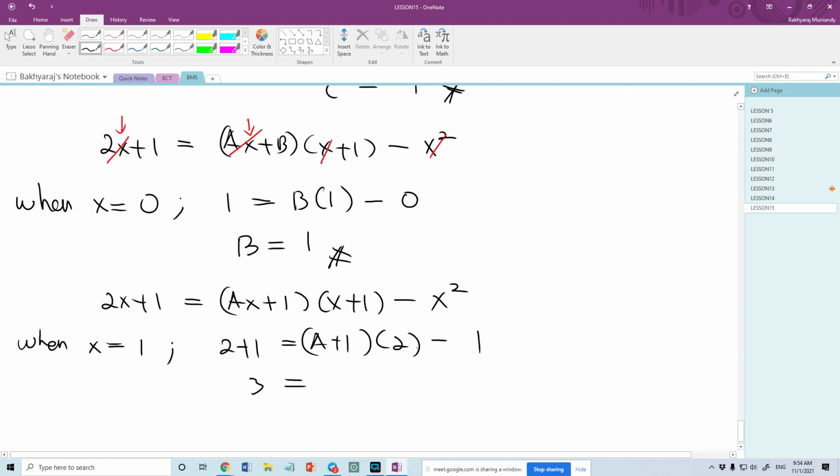Yang ini dia akan jadi 2a tambah 2 tolak 1. So 2 tolak 1 jadi 1, 1 tolak 1 jadi 2. So a mesti 1 juga lah. Okay, please check my answer.